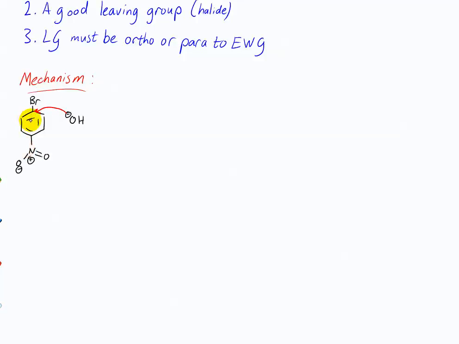And in doing so, these electrons are going to move over to the carbon next door and create a carbanion. So we have now bromine here and OH. And this is the intermediate here.